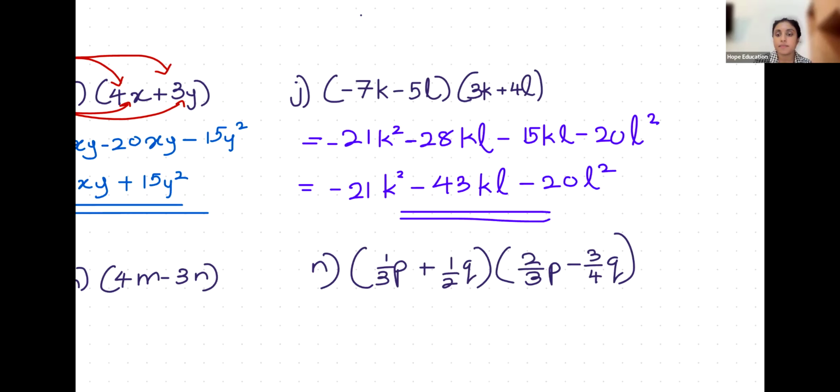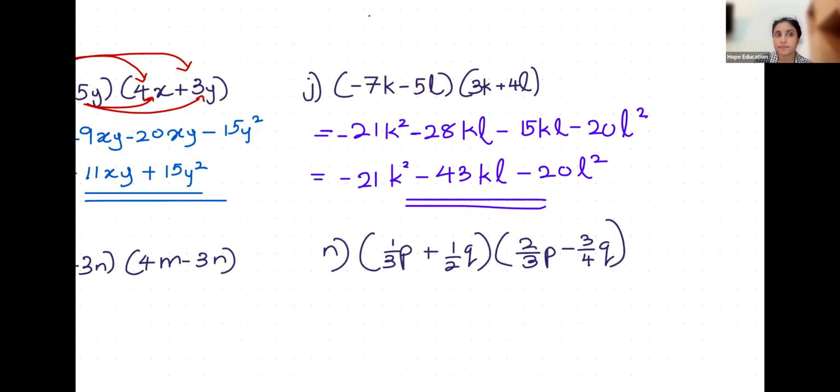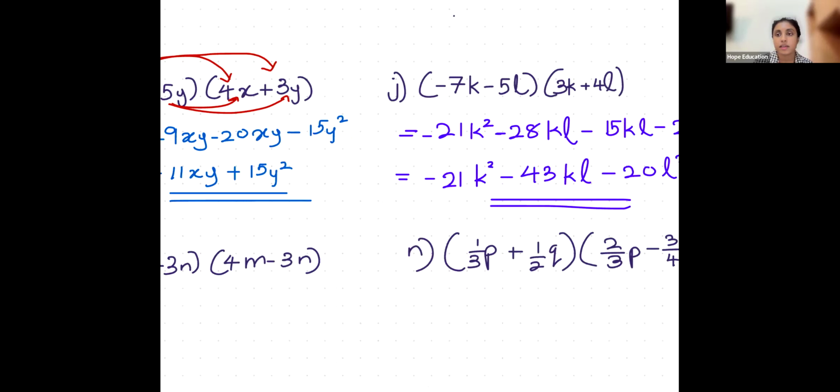Is this clear, Lamai? Others? Yes. Yes, Risindhi.